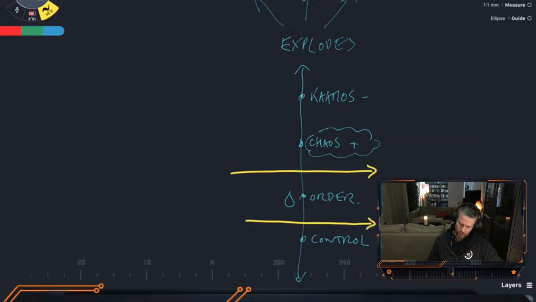So when you're trying to find a balance between these different states, the one path that is between order and control is called, very originally, the order control path. It was named by some academics, no doubt. Order control path is very useful if you're trying to get predictable outcomes.